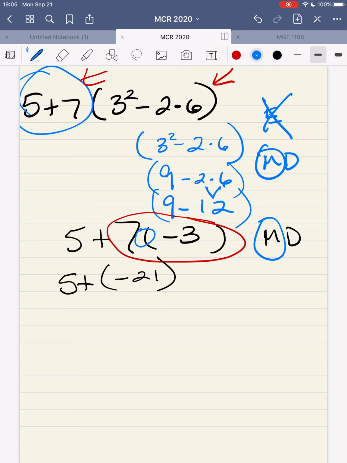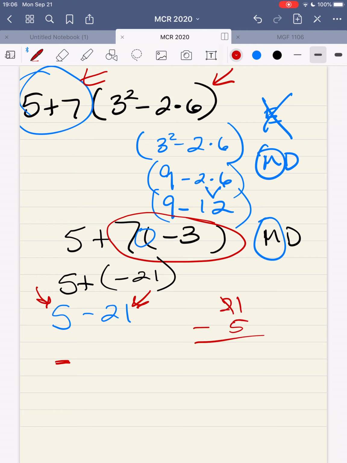And we know from what we talked about before, this is really 5 minus 21. So it's like you have $5, you spent $21. You spent more money than you had, so you should be in the negative. Okay, and then we have 21 minus 5.